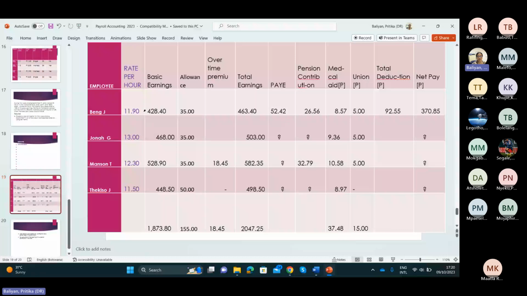So his basic earning for the week will be 36 times 11 pula 90 thebe. When you multiply, you get this figure, 428 pula and 40 thebe. You can check your answer.